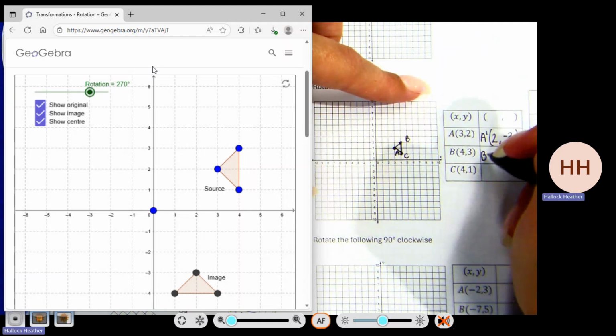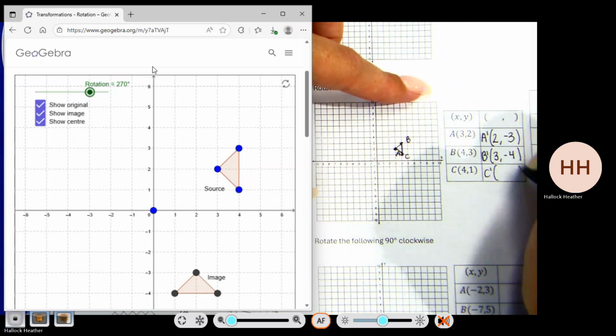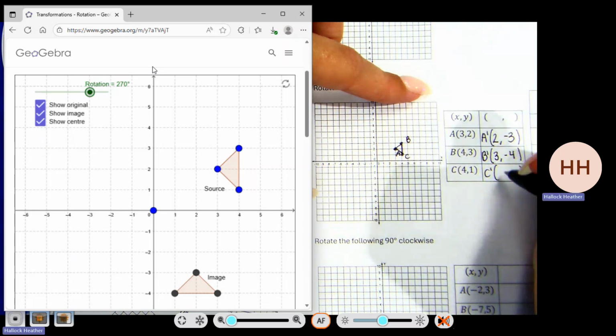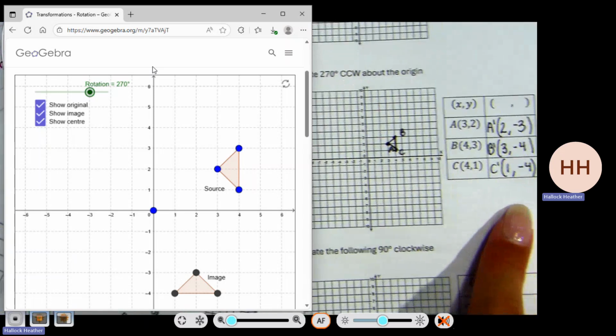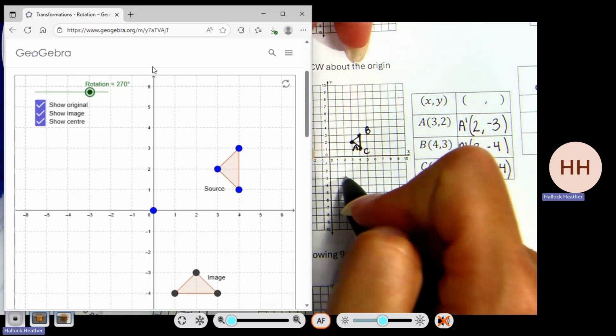Now what's B prime? 3, -4. And then C prime. 1, -4. So we're going to plot our points on our graph. We're going to shade it in so that way we have our new triangle. This one's really small.